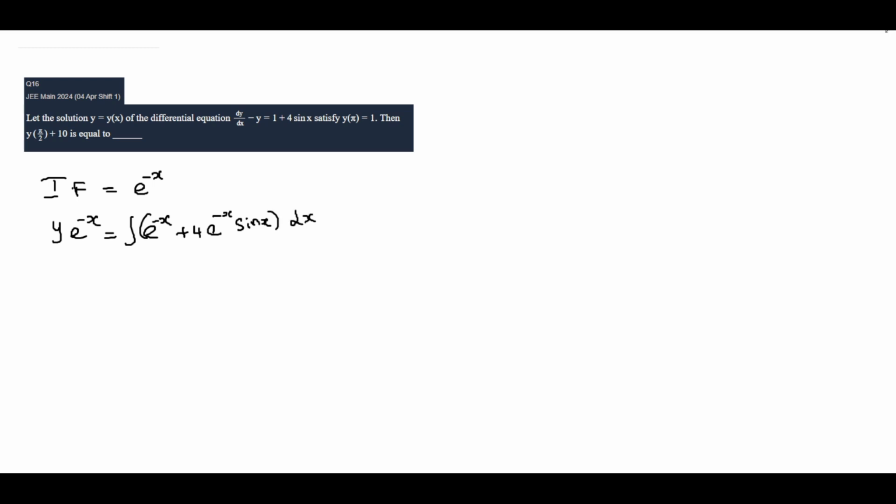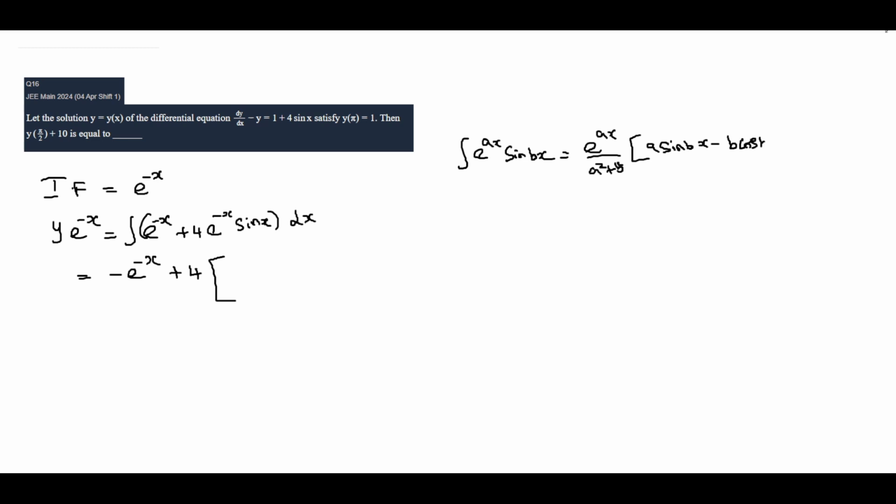Okay, so now the integral of e power minus x is minus e power minus x, plus 4 into, here you have to use that same formula. A value is minus 1, that is, e power ax sin bx means e power ax by a square plus b square, a sin bx minus b cos bx.